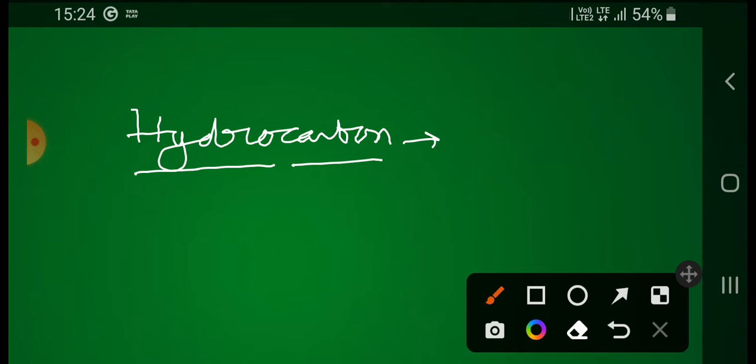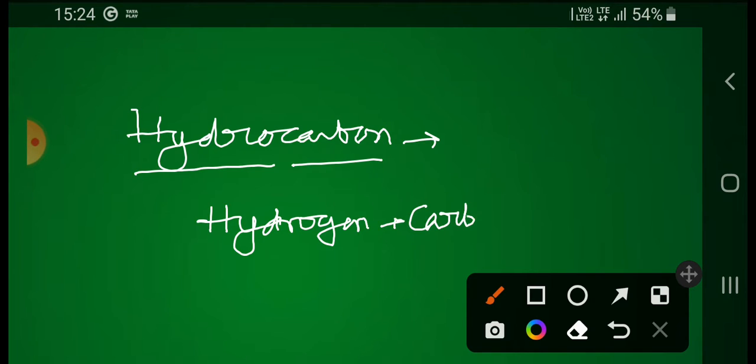Hydrocarbons are the organic compounds which contain only hydrogen and carbon. So all those compounds which consist of hydrogen and carbon are said to be hydrocarbon.